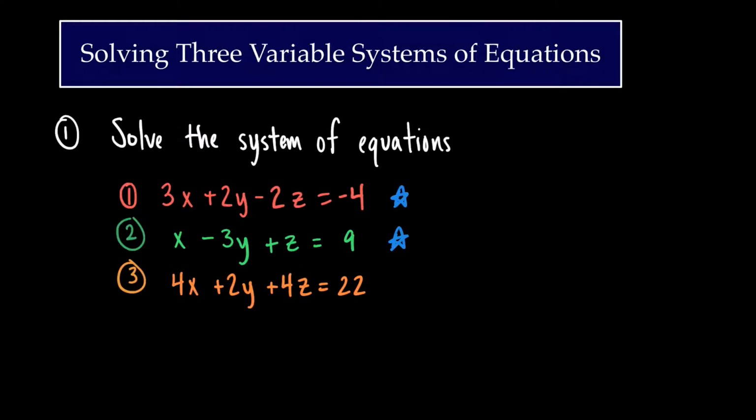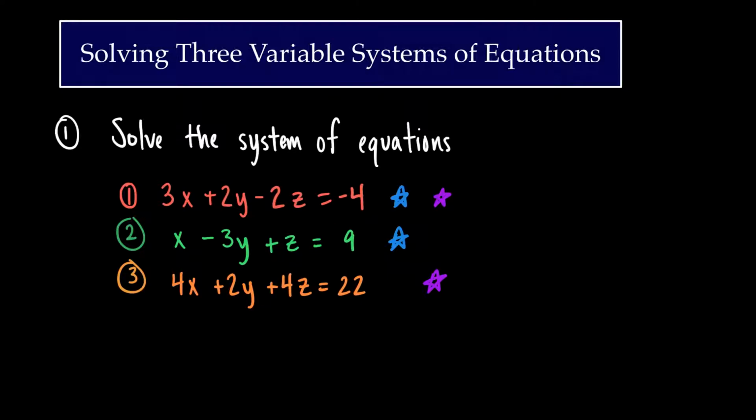When we're done with that, we're going to come back and pick the first and third equation, and do the exact same thing. We're going to get rid of the same variable. And in the end, we're going to have two equations with two variables, which is still a system of equations, but you guys know how to solve those. And if you don't know how to solve those, go watch the video on how to solve those.